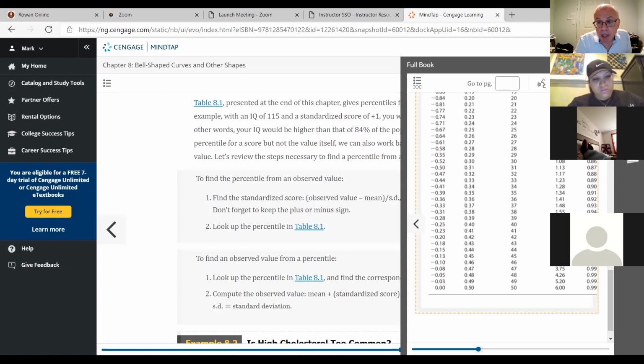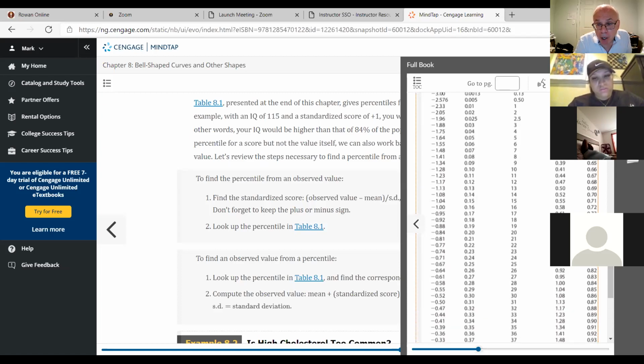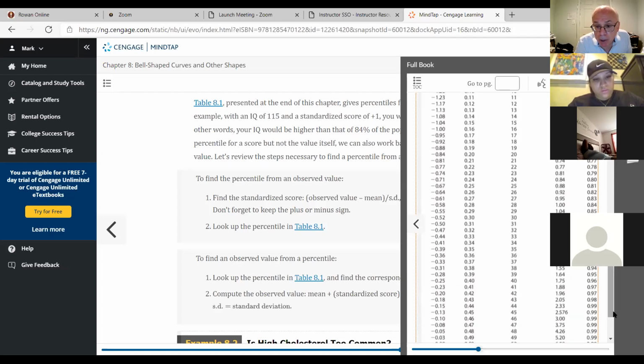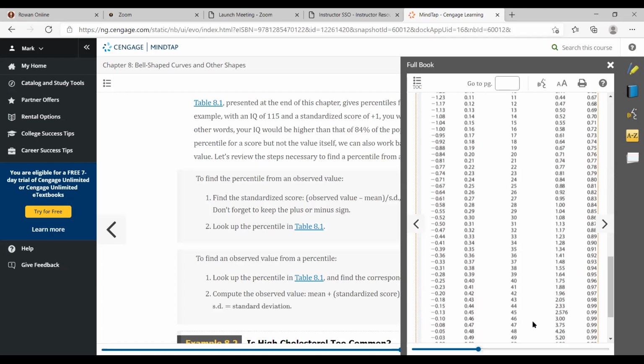On the other hand, if we get a standard score of positive 0.67, we get a proportion of 0.75, or 75% of the data is less than that.